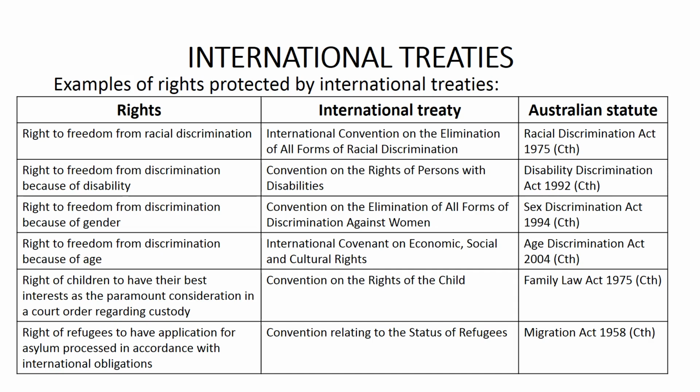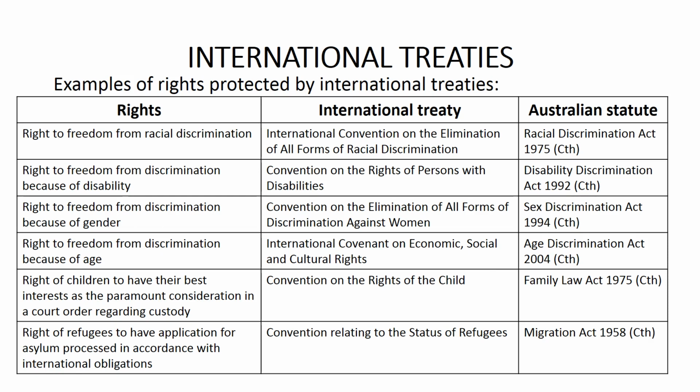Because Australia has signed up to these treaties, it is obliged to implement those rights as part of Australian law, and it's done that through the Commonwealth Parliament passing the Disability Discrimination Act, the Sex Discrimination Act, and the Age Discrimination Act.